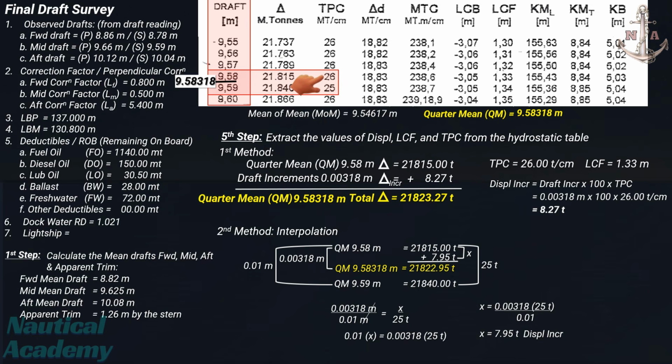If the TPC values at both drafts were the same, for example, both 26 or both 25 tons per centimeter, then both methods would give the same results. However, since the TPC values differ in this case, the interpolation method provides a more accurate result. In this case, we will use a displacement value of 21,822.95 metric tons.